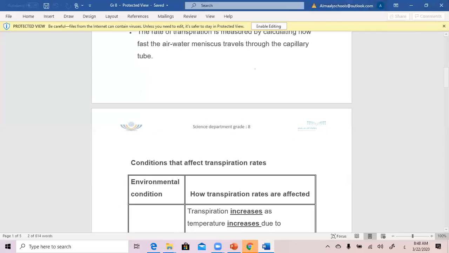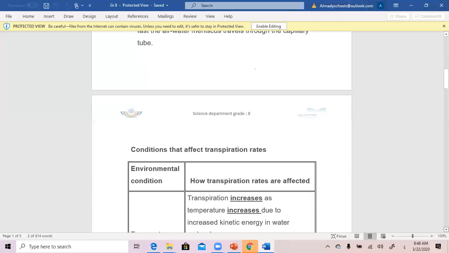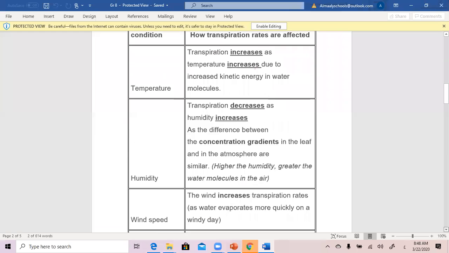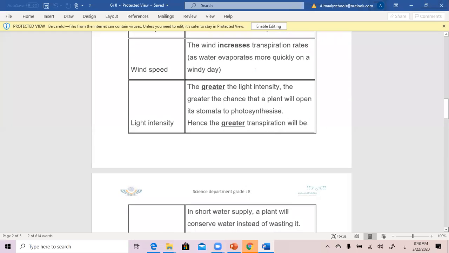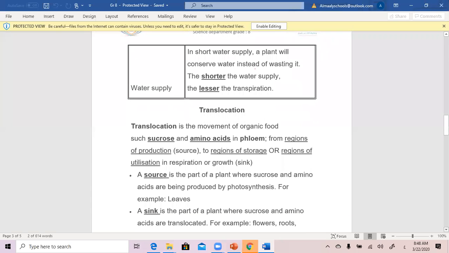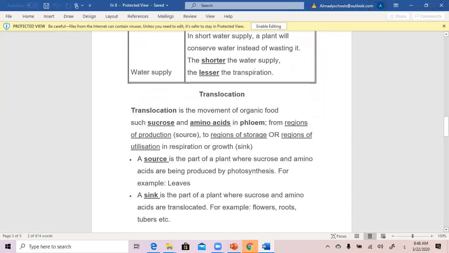We'll talk a lot about them in the past papers, inshallah. We said the conditions: temperature, humidity, wind speed, light intensity, and water supply. After that, we went to translocation to differentiate between the source and the sink.